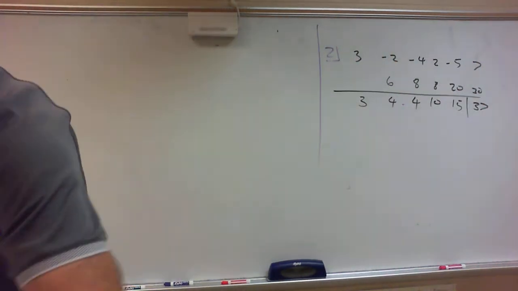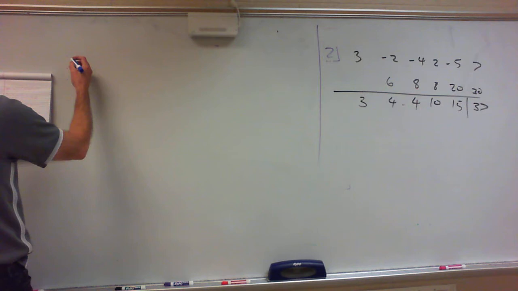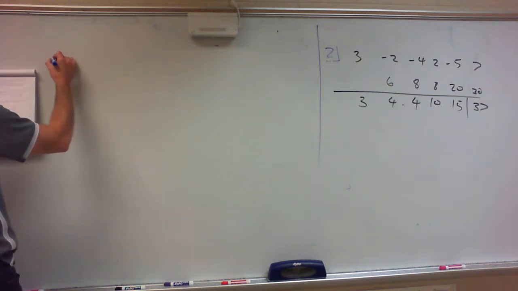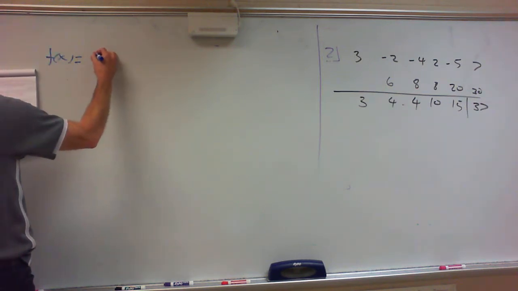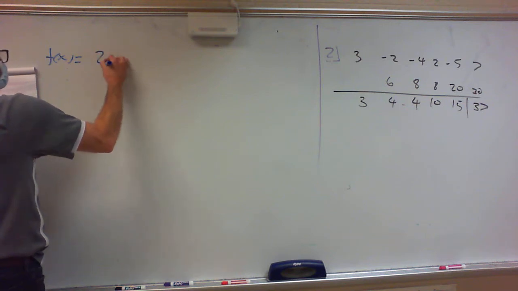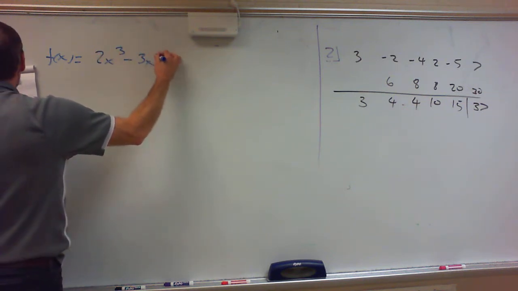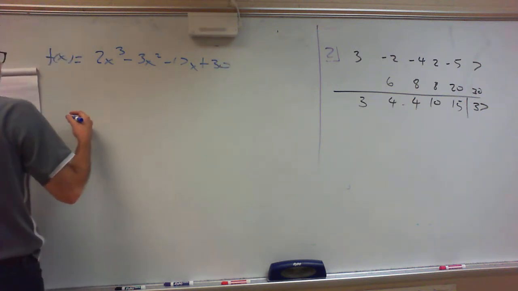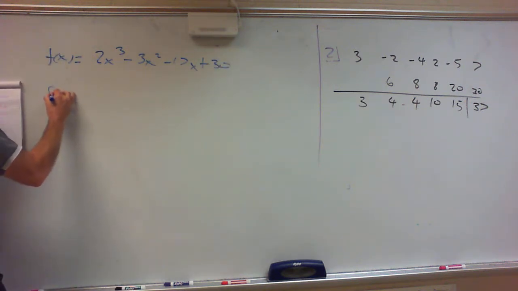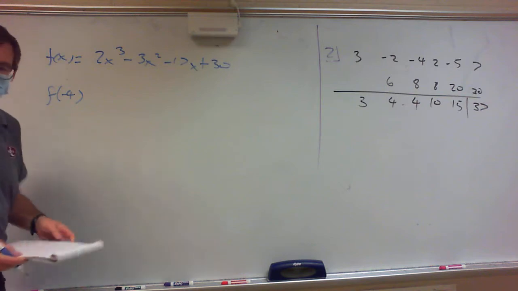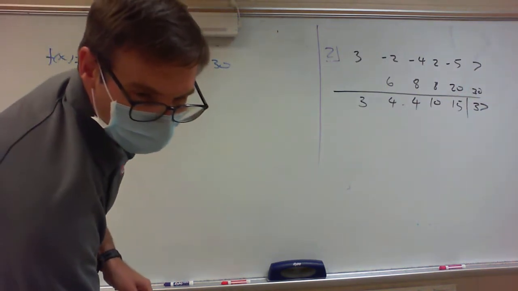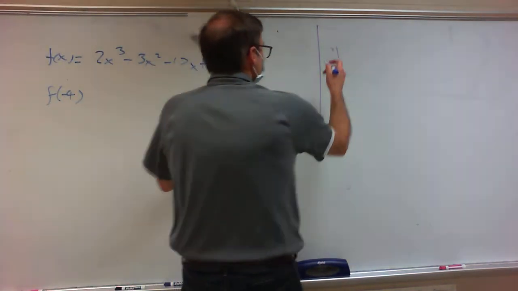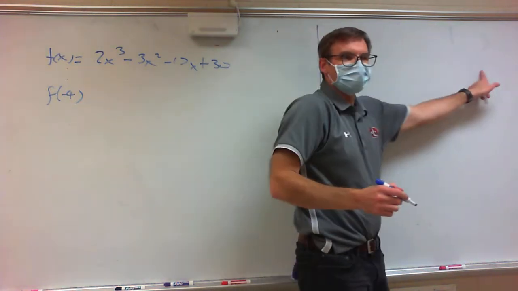All right, so let's say that I give you f of x is equal to 2x cubed minus 3x squared minus 17x plus 30. And I want to know, what is f of -4? Okay, whatever this is, -4. Are we okay with what goes here?